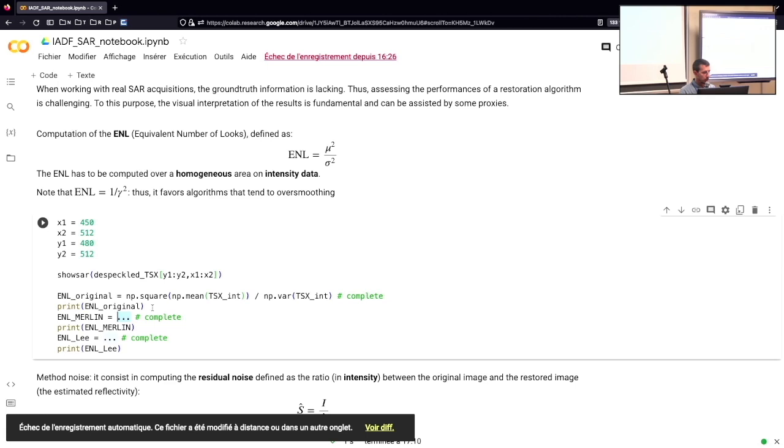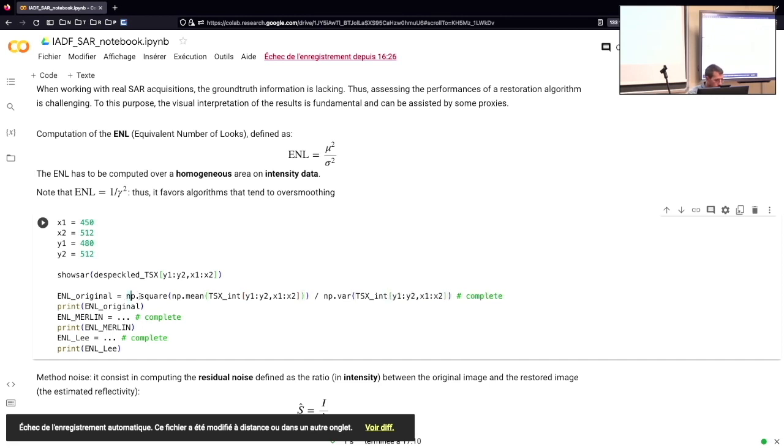So I have computed here the equivalent number of looks for the original image. Since it's a single look image, I hope to find something which is close to 1, because it's single look, okay? Then for Merlin, the result is provided in amplitude. So we're going to compute this indicator in intensity. So let's do the things in the proper way. I'm going to compute it in a homogeneous area that I have selected. So I'm just going to take this crop.